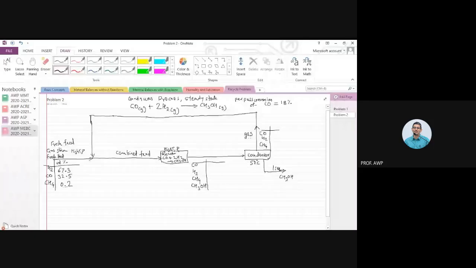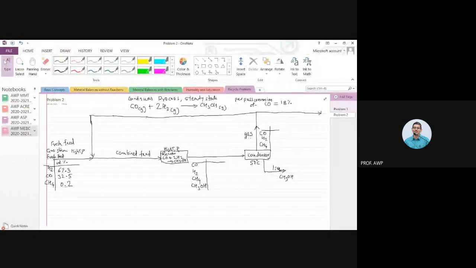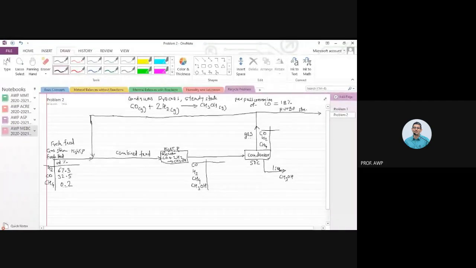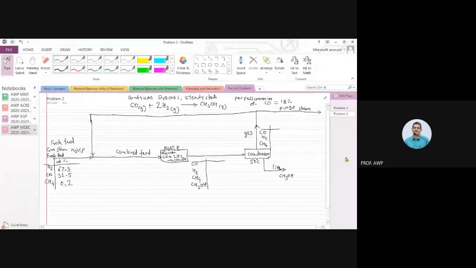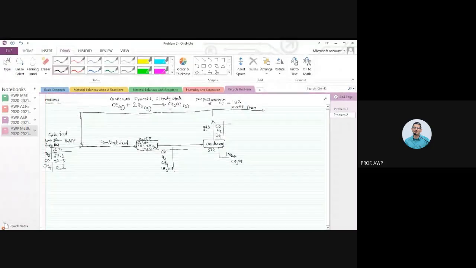So I need a stream to take out that methane, right? So that stream we call the purge stream. Purge is something that is sent out of the system. It is taken out, and then the rest is recycled back.